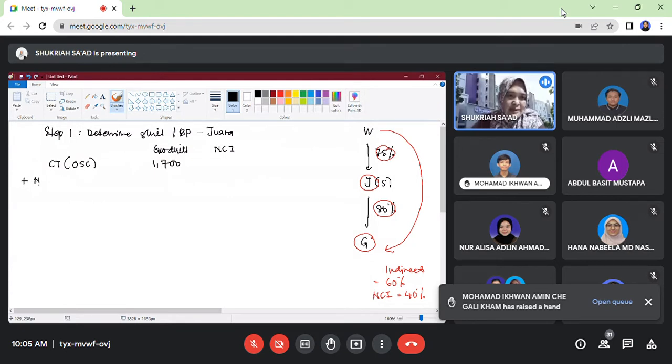Plus NCI. What be the NCI dia? 75% acquisition maknanya 25%. Kali. Dia punya NCI measurement is partial. So kalau partial, we need to identify dulu what be the fair value net asset of subsidiary at DOA.